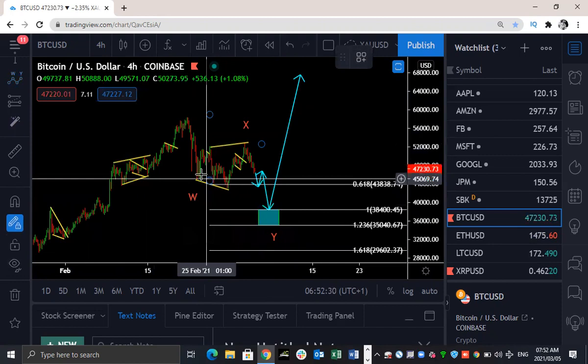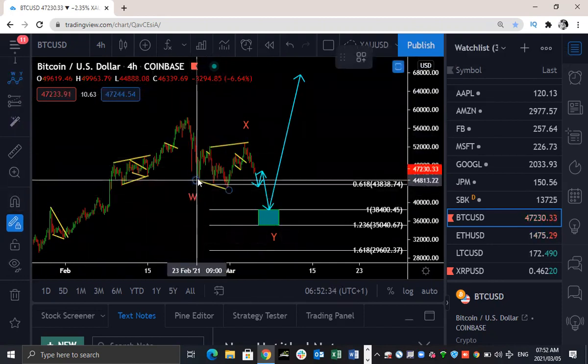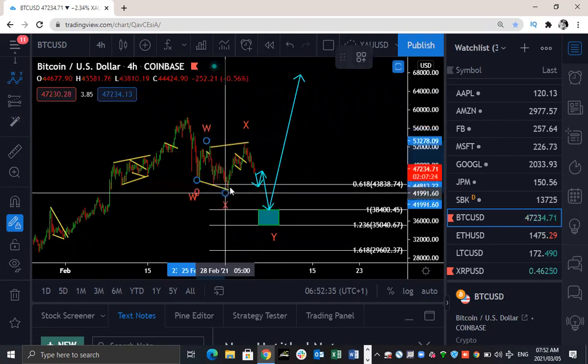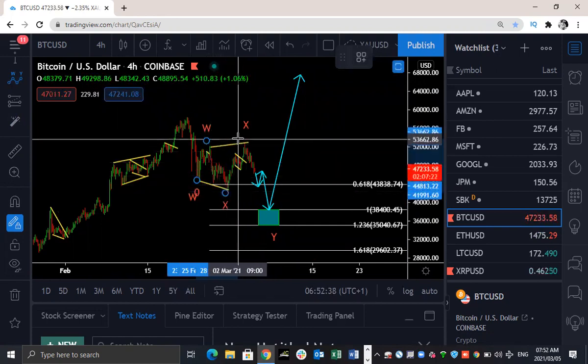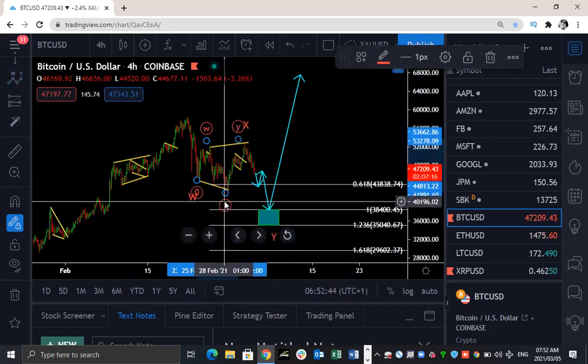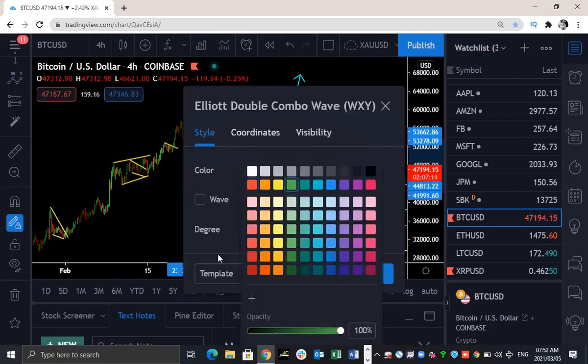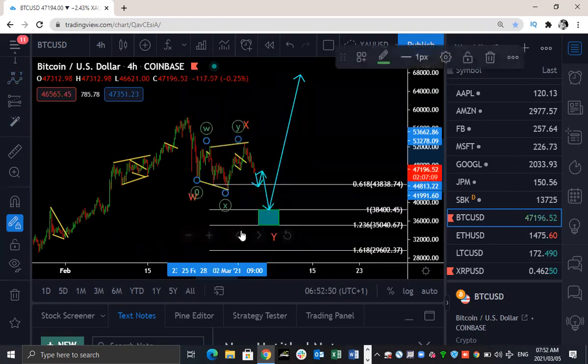So I'm going to leave this one. I'm going to just label this one WXY. This is going to be in the minute degree, but the color needs to be green. So put this one as green, because that one is minute.